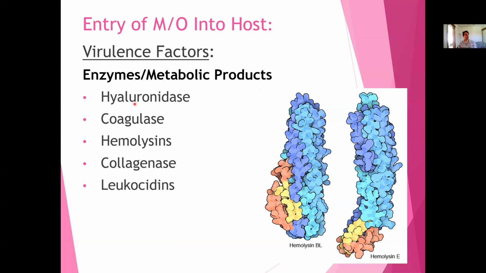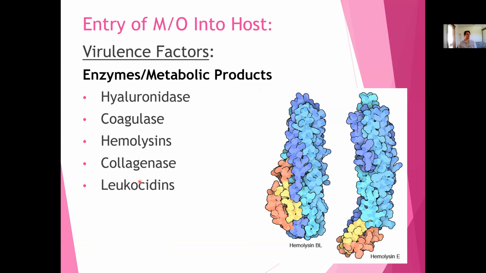You have hyaluronidase, which digests polysaccharides that hold cells together. You have coagulases, which coagulate fibrinogen. You have hemolysins, which are lipids and proteins that cause the lysis of red blood cells and destroy their cell membranes.